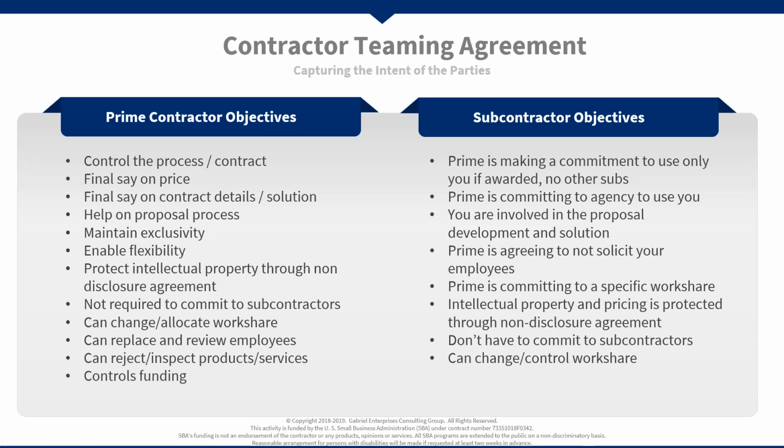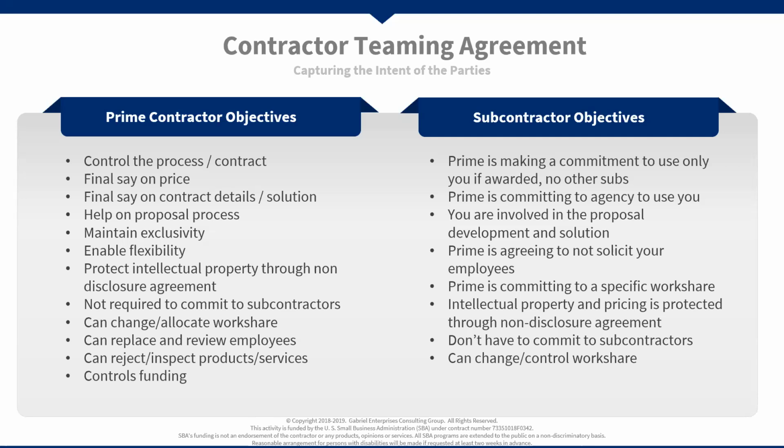Employees of the subcontractor, another one. Do you put in what the processes are going to be for doing that? The prime contractor is, of course, going to control funding and payment of invoices and that sort of thing. So prime contractors are looking for control, looking for maximum flexibility, but do want the proposed subcontractor to be involved in that proposal process.